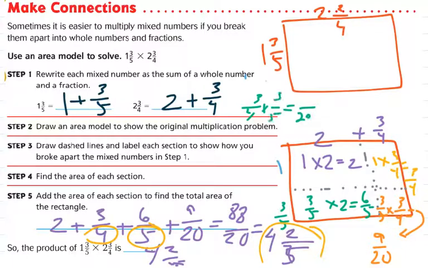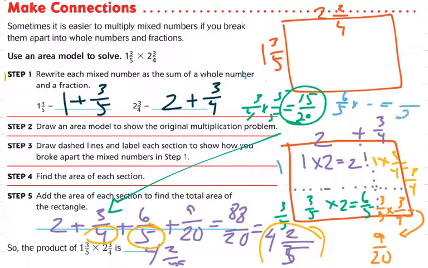We did this as 5/5, and this was 15/20, which was our equivalent fraction that we put in for 3/4. And then our other equivalent fraction that we made for 6/5, we said, well, what number would give us 20? Well, we would say that would be 24/20, which we put in for right there, 6/5.